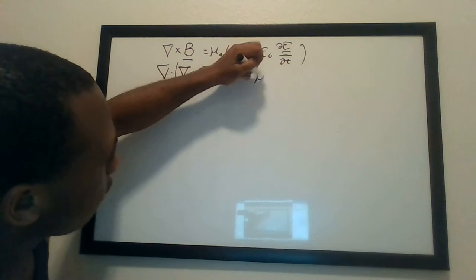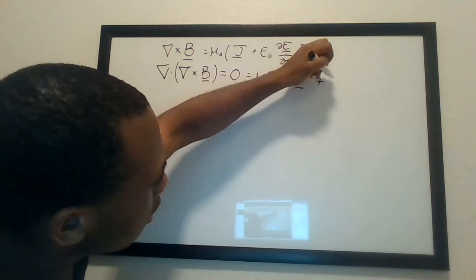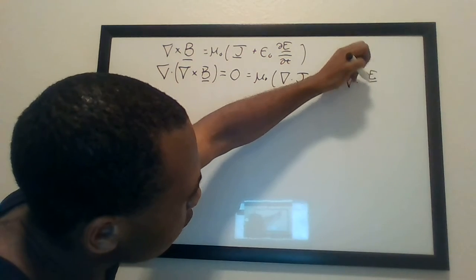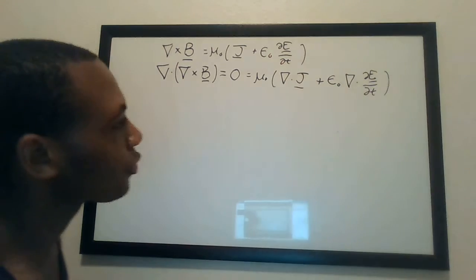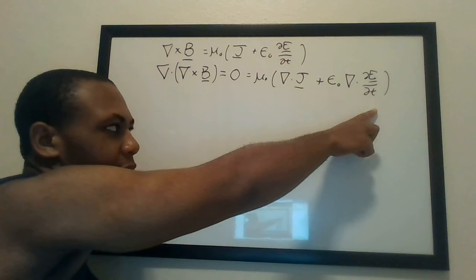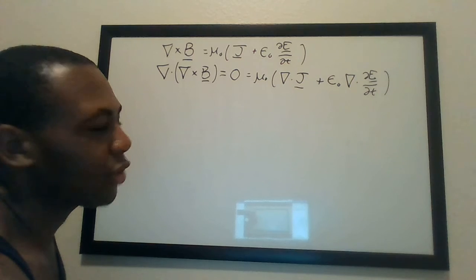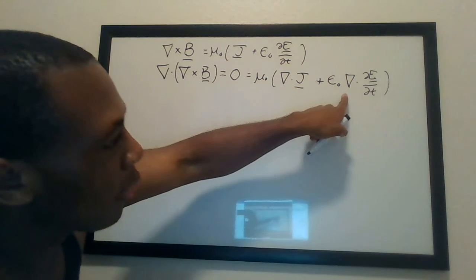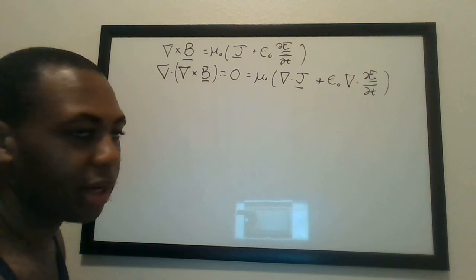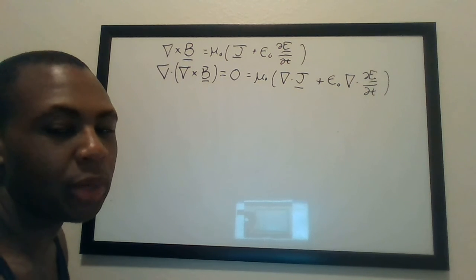And so this has to be equivalent to mu naught divergence of J plus epsilon naught divergence of the time derivative of the electric field. And because the time derivative is independent of del, and del is independent of the time derivative, you can interchange the two. So you can take the divergence of E and then take the time derivative afterwards. The order doesn't matter, because you're taking the operation of two independent variables.